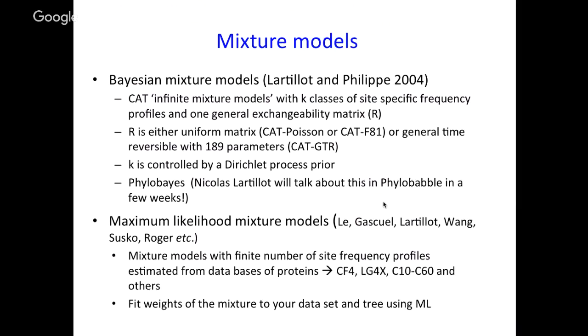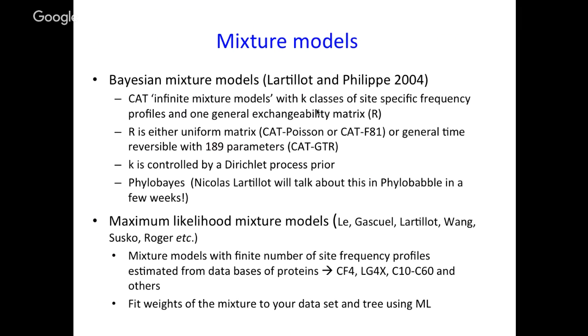Well, there are two flavors that have come up in the literature. The first was developed by Nicolas Lartillot and Hervé Philippe in a Bayesian paradigm, the so-called CAT mixture model. This model allows potentially an infinite number of different site types.